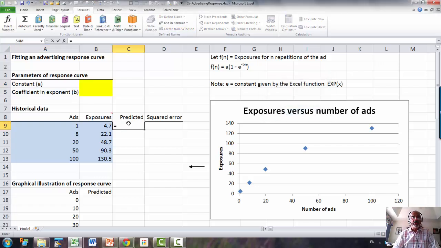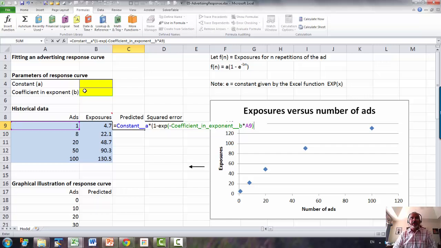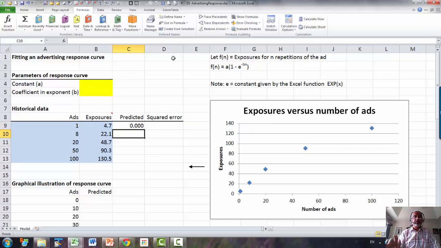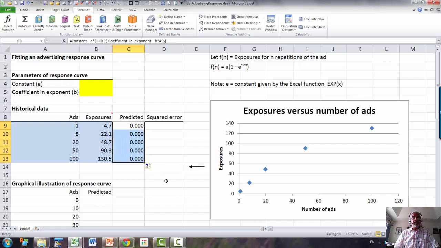So we have A times (1 minus exp(minus B multiplied by n)), and then we need one more parenthesis. That is the predicted value. Of course, since A and B are 0 right now, the prediction is 0.